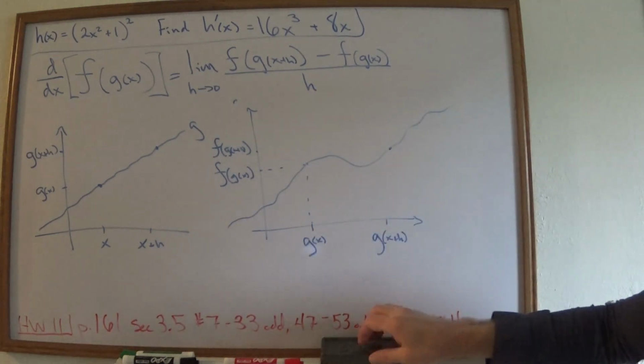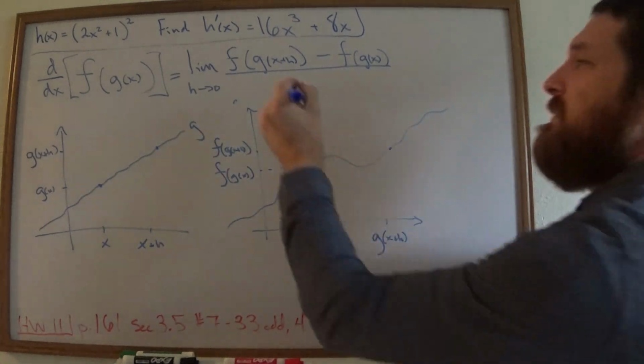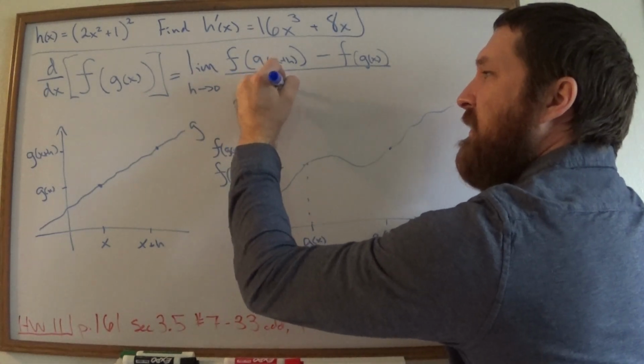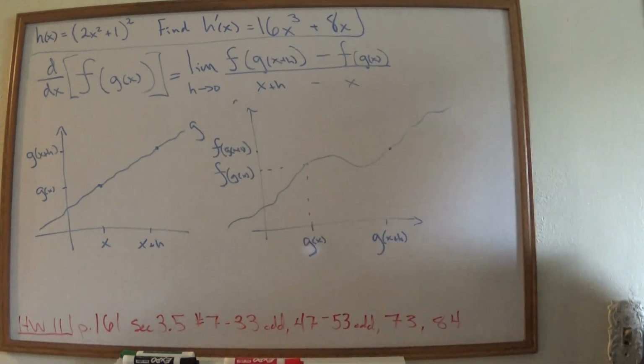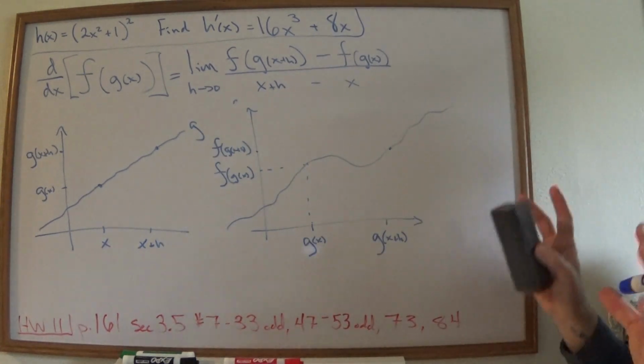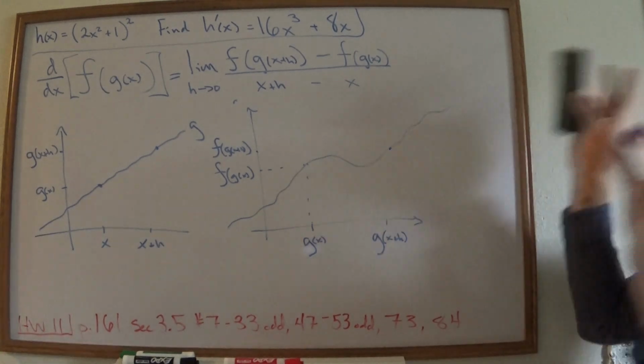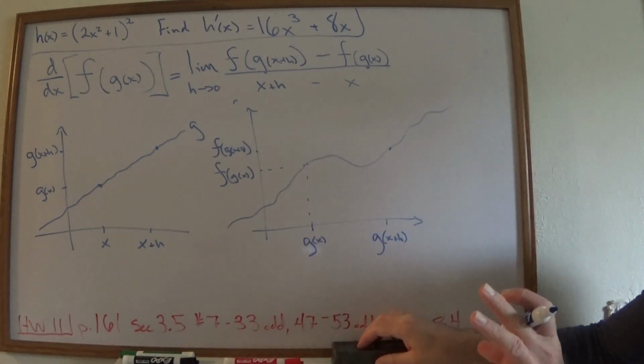And then, remember though, this isn't just h. Well, I mean, it is, but where that comes from is the difference, right? x plus h minus x, right there. And we simplified everything by saying, let's just call it h, right? But really that's what's happening.